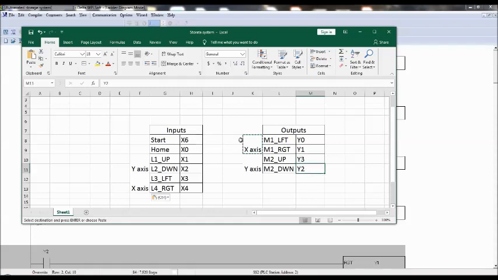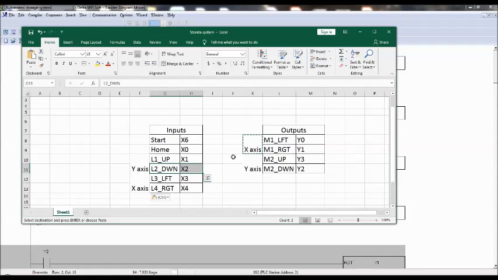With this introduction, see what our requirement is: by pressing the home button, the system should come to the home position. What do we mean by home position? I am assuming the y-axis should be down, that means the L2 limit should be on, and the leftmost position of the x-axis is the home position.